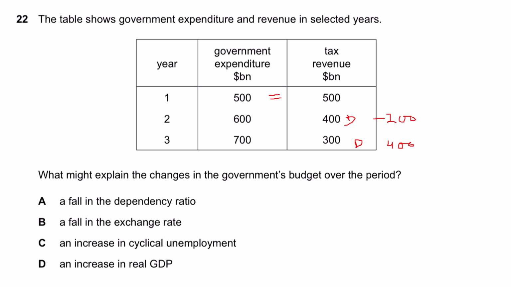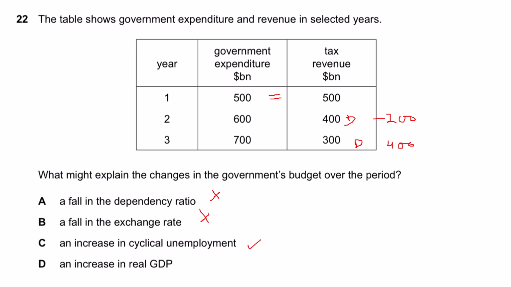No, this wouldn't be the answer. A fall in exchange rate, there is nothing to do with the exchange rate here. An increase in cyclical unemployment. Let's suppose there is cyclical unemployment and the government needs to come out of that unemployment. So the government is going to increase expenditure and decrease taxes. This could be the answer.